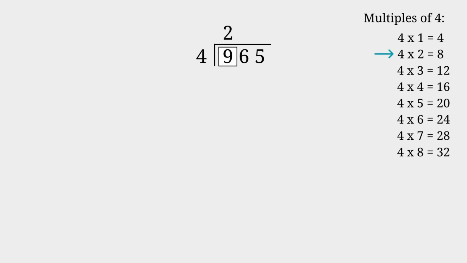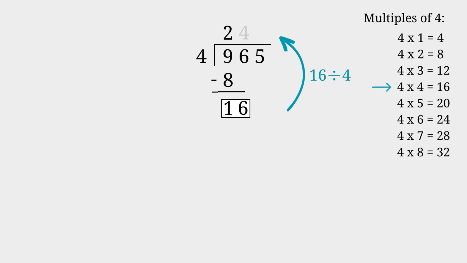To carry on, multiply this 2 by 4 and write its answer underneath the 9. Subtract this value, 8, from 9, and you get 1. Now 4 does not go into 1, so we have to borrow a value. Bring the 6 down to make it 16. Now 4 does go into 16. 16 divided by 4 is 4.